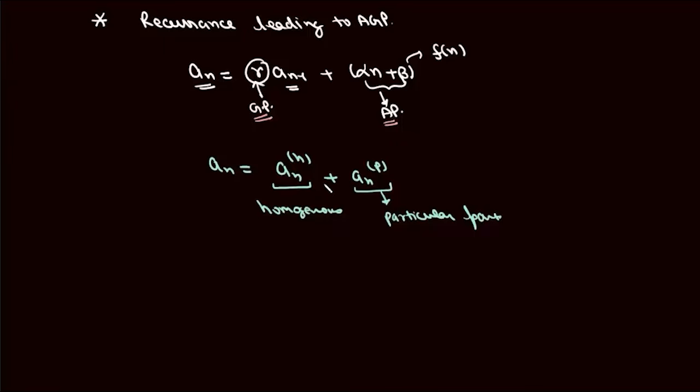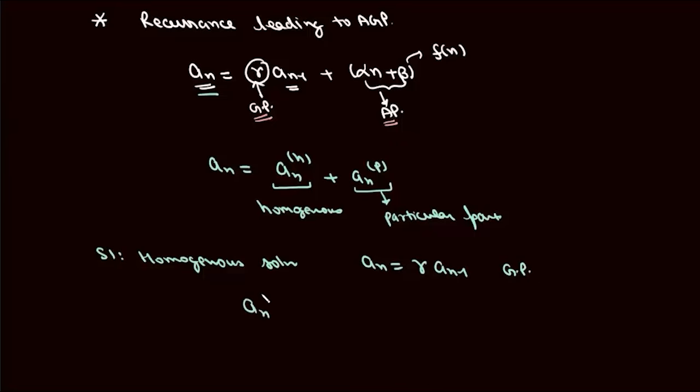Now first step is we'll find this homogeneous solution. So that's your step 1. In this homogeneous solution, if we drop this AP part, we'll get an equals r an minus 1, which is nothing but a GP.